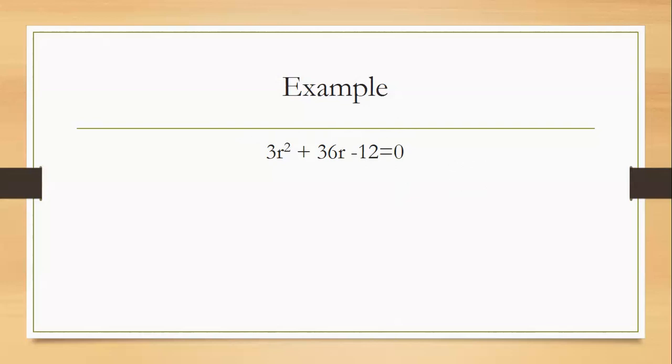Okay, let's go over this. So, first thing we did was we divide all the terms by 3. We ended up with r squared plus 12r minus 4 equals 0.